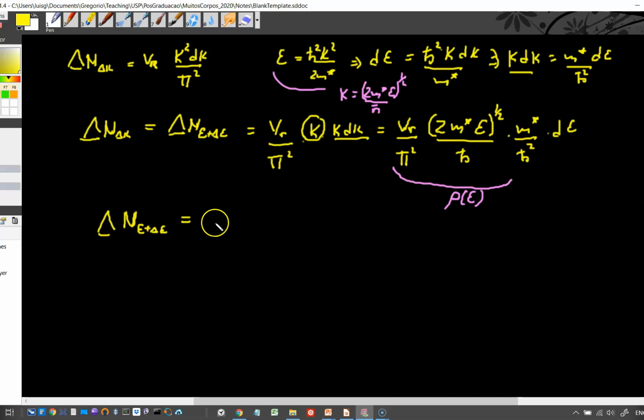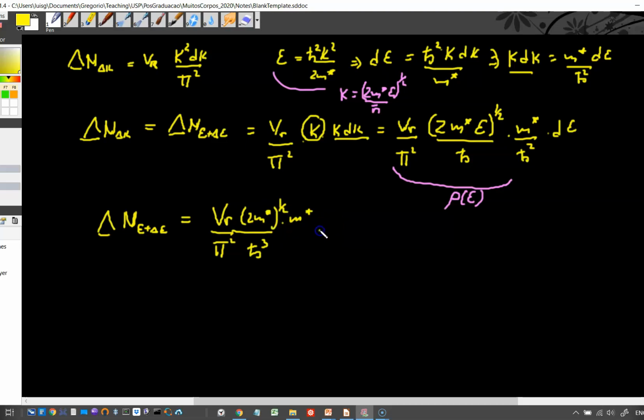This is going to be a large prefactor. There's going to be a V over pi squared, there's going to be an h bar cubed, there's going to be a square root of 2m star here, and another m star here.